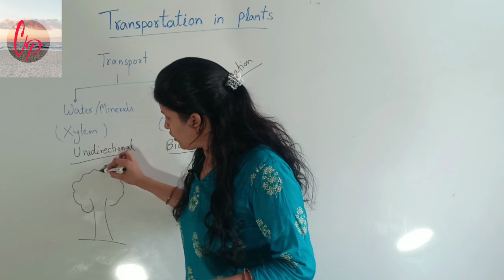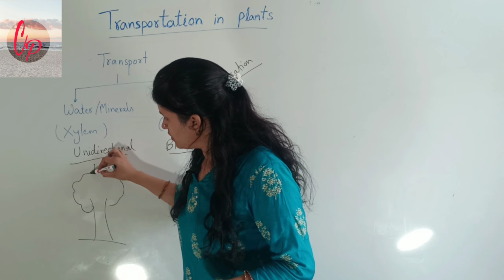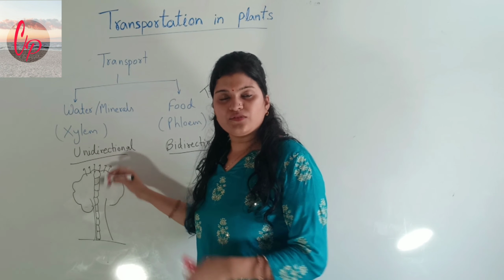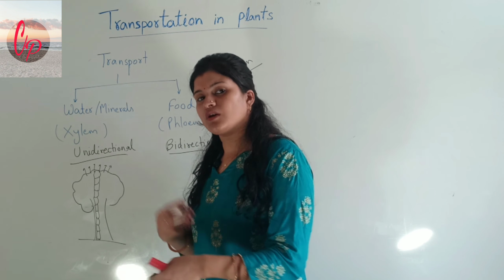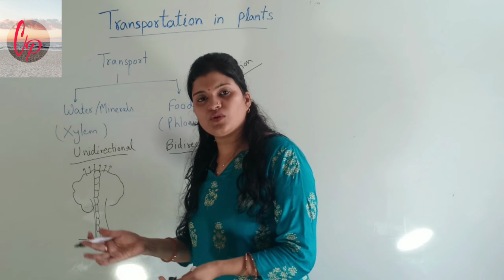Water is being lost from these areas, and as the water is being lost from here, what is happening? The plant's body is also made up of different types of cells. So as the water is lost from the upper part, what will happen? Water also moves from its higher concentration to lower concentration.